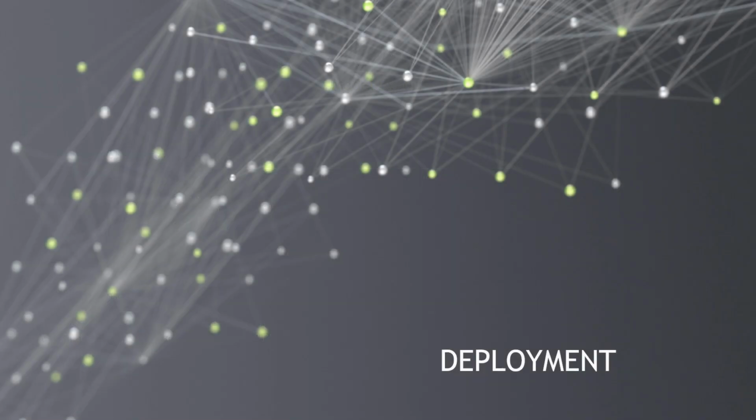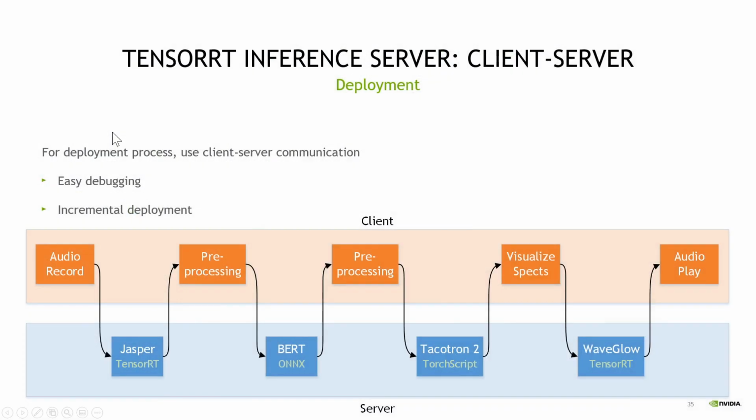Having those models, we can now deploy them on the Triton Inference Server. In this picture, you can see a diagram that represents the client-server configuration, and we have taken this approach where we do the audio record and all the pre-processing on the client, and the engines from the models, or the models themselves, sit on the server.